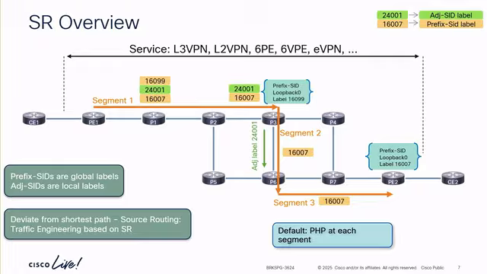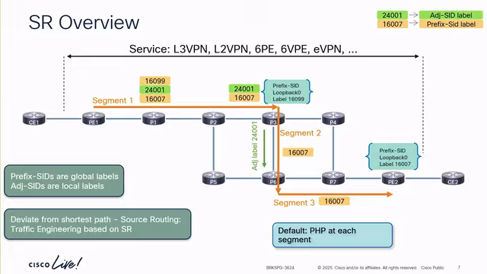So the top label there, 16,099, will get the packet to P3. But as normal in the MPLS world, we always do penultimate hop popping at the last but one router. So the one router before the endpoint of a segment, penultimate hop popping. So in the end, the packet arrives at P3 with only 2 labels. P3 looks at the top label and says, that's a label I assigned, 24,001.